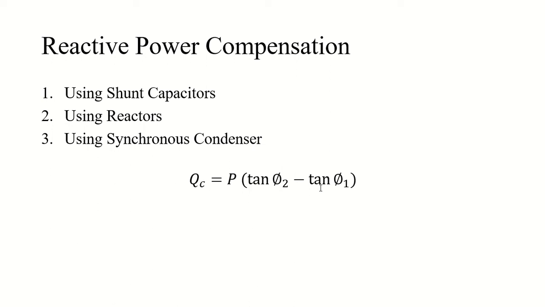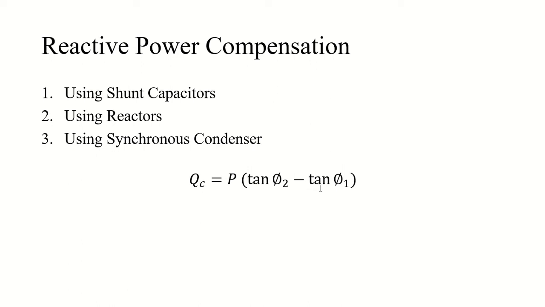We have compensated this angle, we have tried to make the angle as close to zero as possible. So after the compensation takes place, the angle is phi 2, and phi 1 will be the power factor angle without compensation, before the compensation took place.